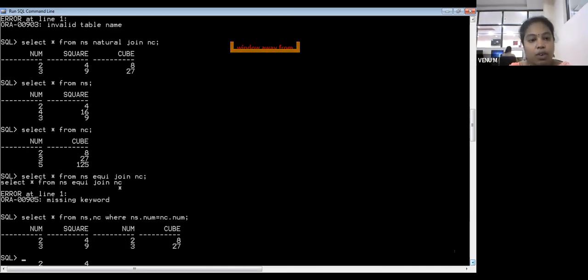Here you have to observe the difference between natural join and equijoin. Here we put an equal condition, but here 4 fields are there and here 3 fields are there. The duplication of the common field is eliminated by natural join, but the duplicate of the same field can be observed in equijoin. This is the major difference between natural join and equijoin.